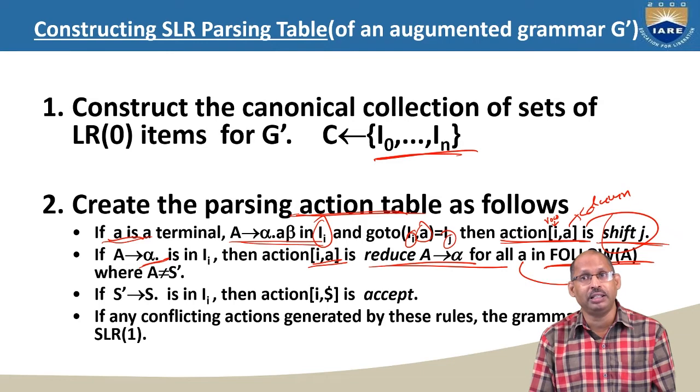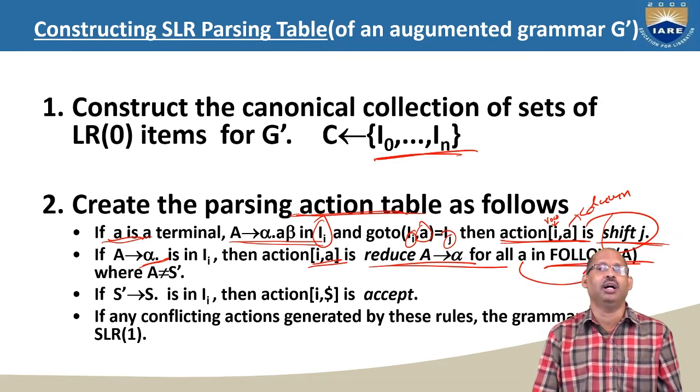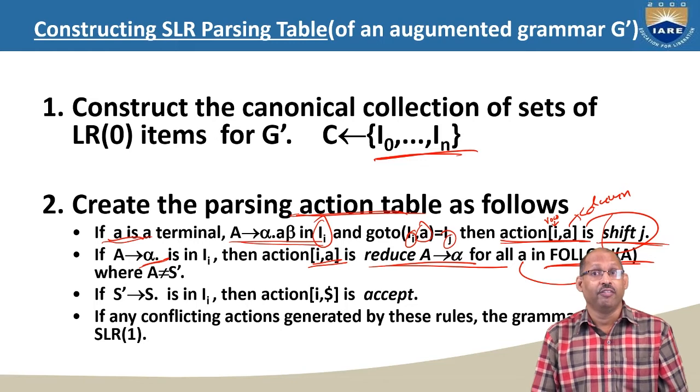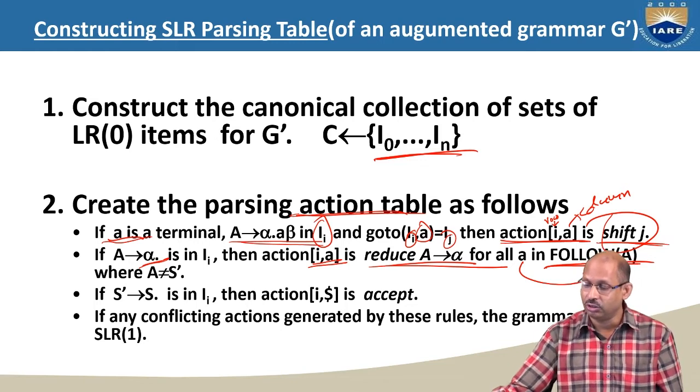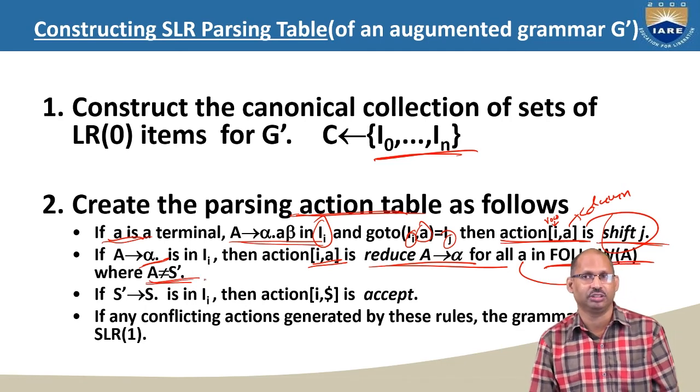In the terminal columns, write reduce A gives alpha, the production number, where A is not the starting symbol. A should not be S dash.